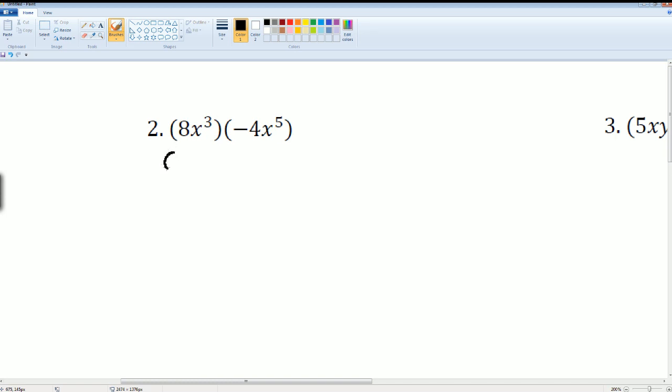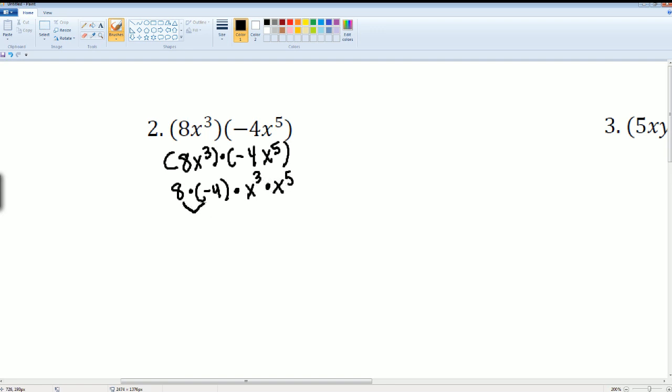All right, so we have 8. That's a bad 8. That's a better 8. x cubed going to be multiplied to negative 4 x to the 5th. I have 8 times negative 4, times x cubed times x to the 5.